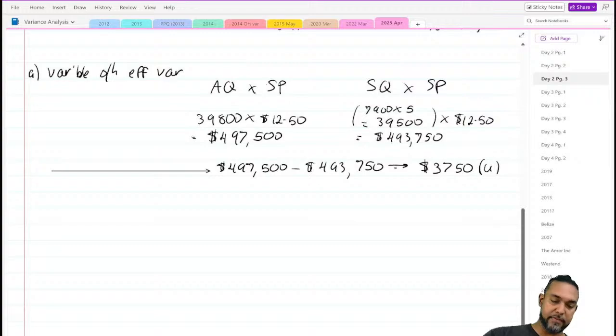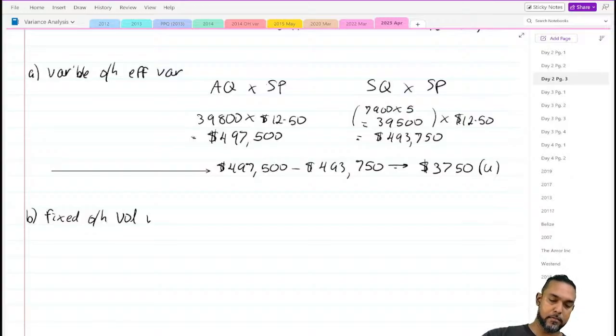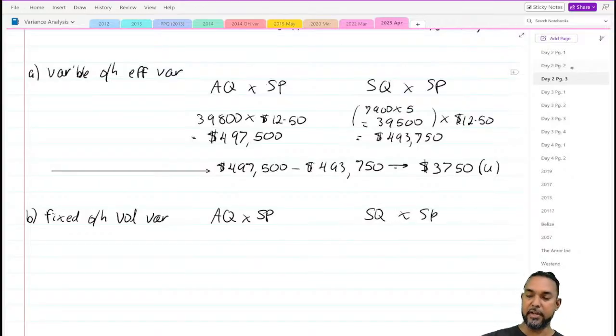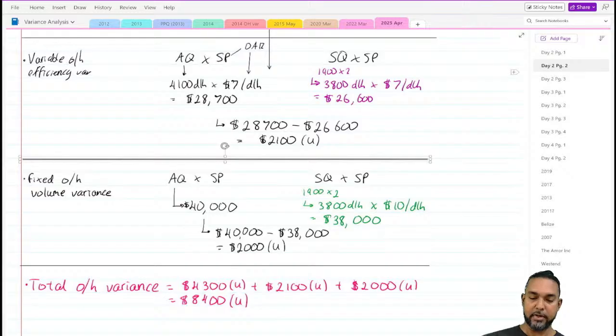And the last thing we have to do now is the fixed overhead volume variance. Again, using the same kind of setup as above: actual quantity by standard price, standard quantity by standard price across here. Now, if you compare it to what we did before, the fixed overhead volume variance just pulled the fixed costs.